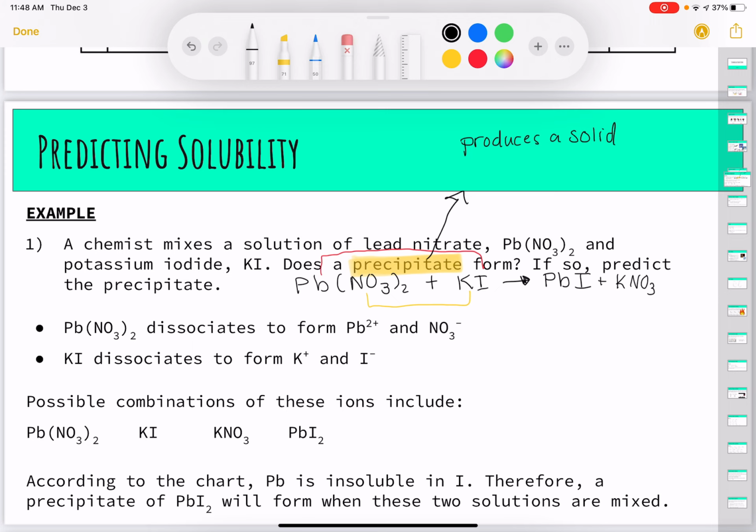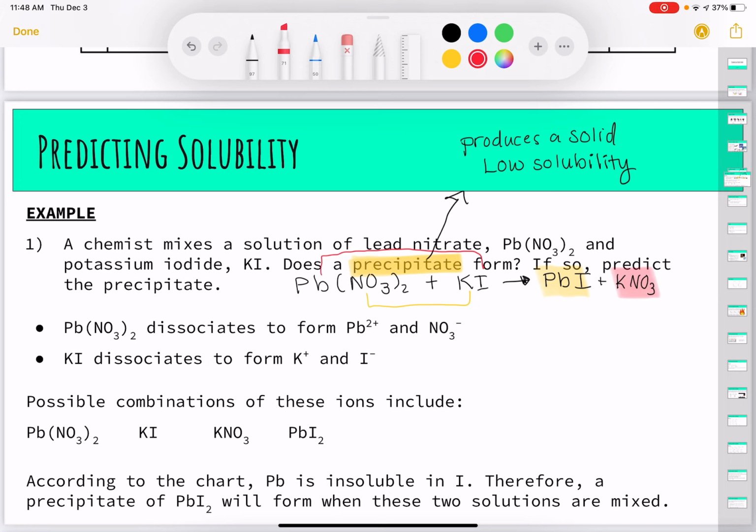And for our table, that really means it is low solubility. So what we need to do with this information is go check PbI, and go check KNO3.